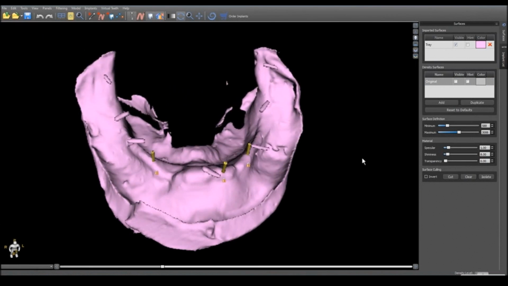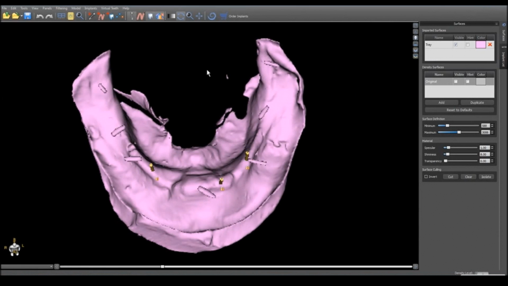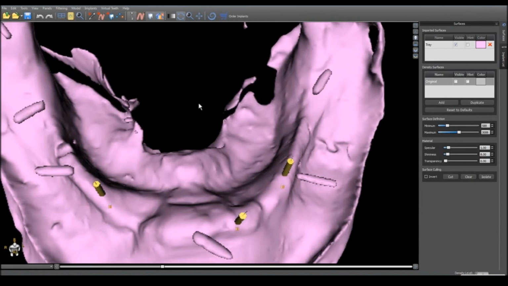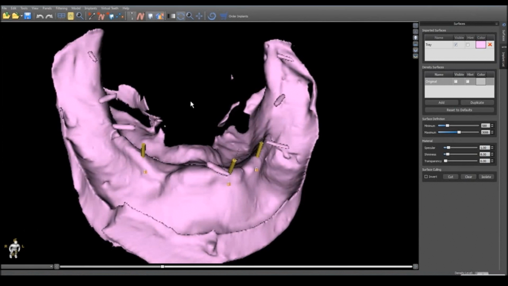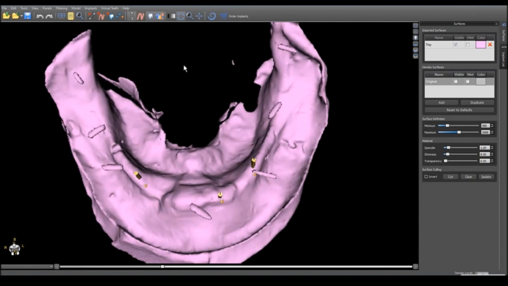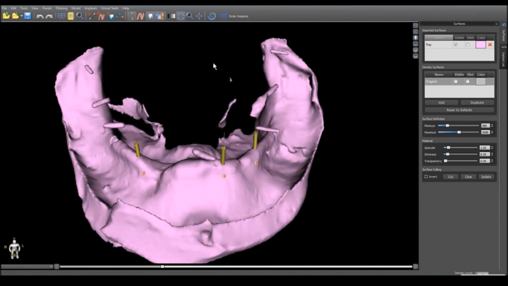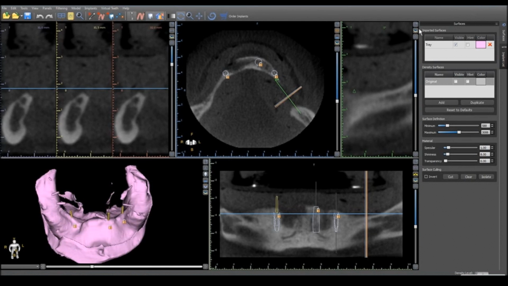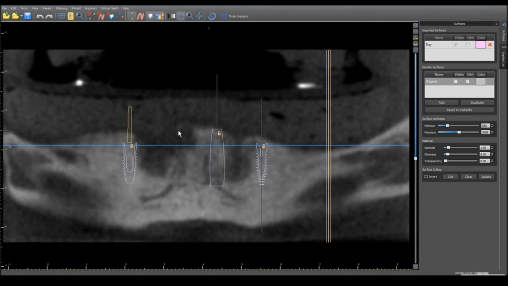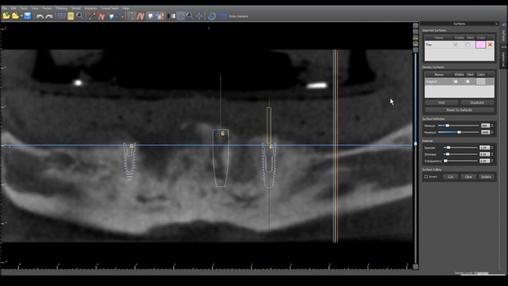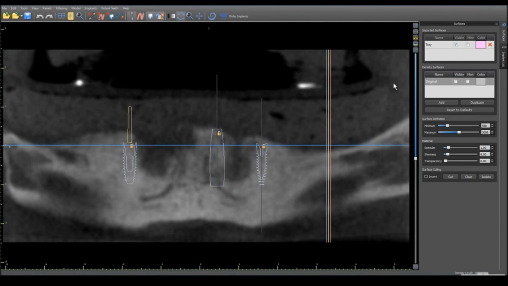Let me just take a look at the ridge. He had an ill-fitting denture that was very unstable because he didn't have much ridge. Here's a pan of the ridge. He had a couple of cuspids that were left in way too long. So basically, planning this case, I found 3 islands of bone that I could use.